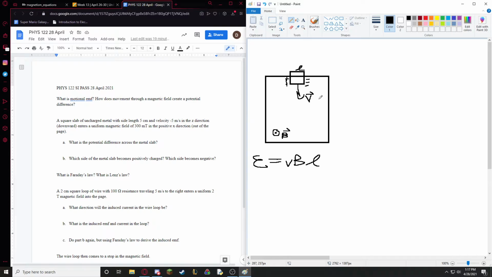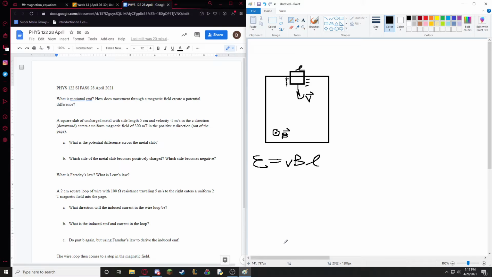Honestly, this motional EMF stuff is really just: monkey see formula, monkey plug things in, and then you use right-hand rules to find stuff out. So it's pretty simple.